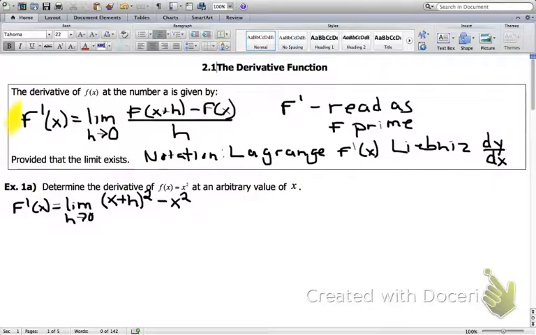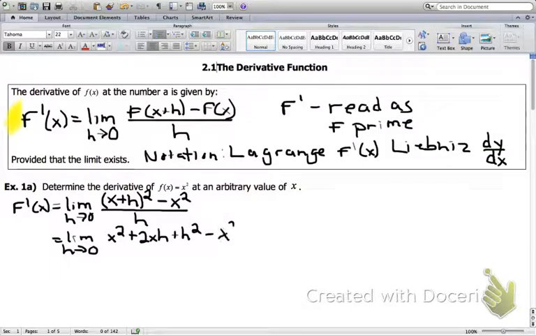There is no value of x given here, so we just add our h to our x value, all over h. So this will be equal to the limit as h approaches 0 of x squared plus 2xh plus h squared minus x squared all over h.